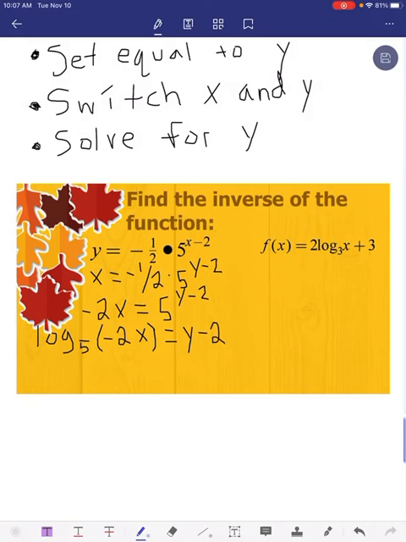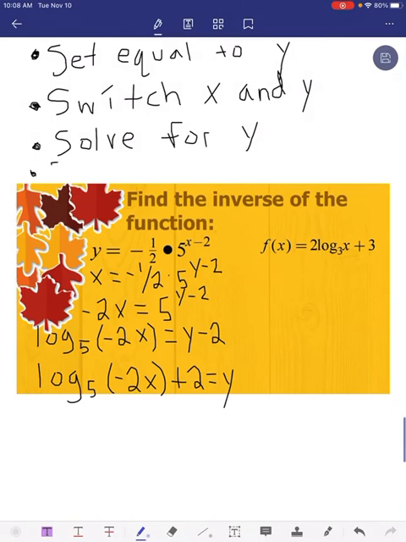And then our last step is just going to be to add 2 to both sides. Now it's very important that since we added the 2 after we took the logarithm, that 2 has to be outside of the parentheses of our logarithm. And that's why I included the parentheses around the negative 2x, but not the plus 2.